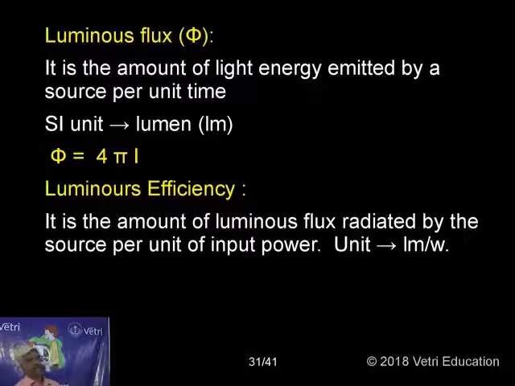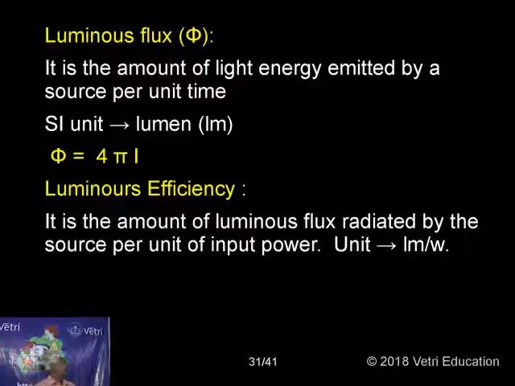Luminous flux. Flux, like electric flux, magnetic flux, is the amount of light energy emitted by a source per unit time, over the entire area emitted by the source. SI unit: lumen. Lumen is the unit for luminous flux, and intensity is in candela.